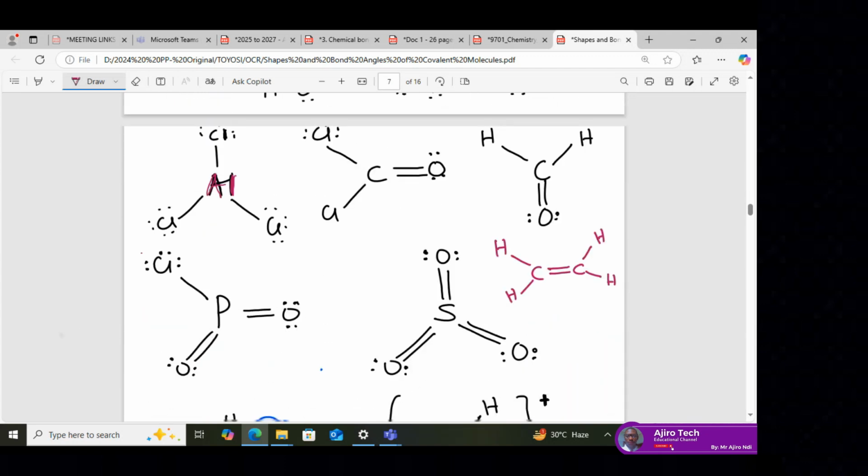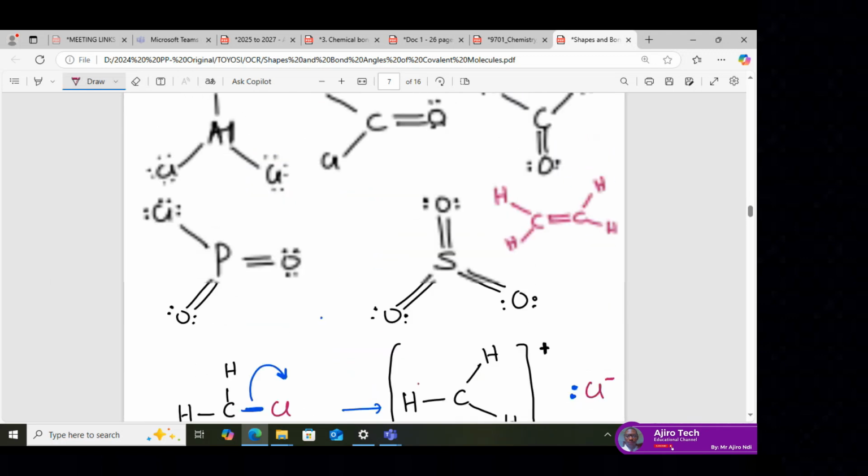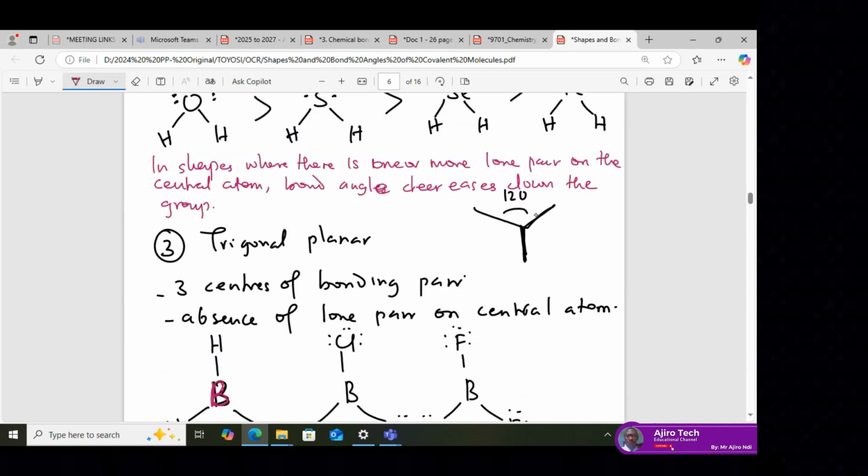It's 120. Whether you are going down the group or not, it's like a triangle. 120, three centers of bonding pair, no lone pair at all.